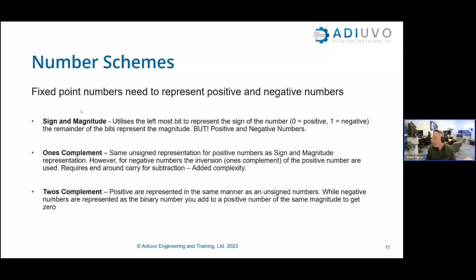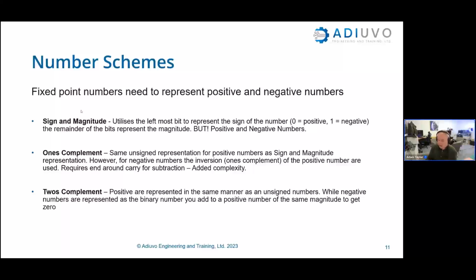How we represent these in our FPGA is relatively straightforward. We're not going to use sign and magnitude because that would give us the problem of having a positive and negative 0, which complicates our mathematics, which means we need more logic and more routing, which impacts our performance in the FPGA.